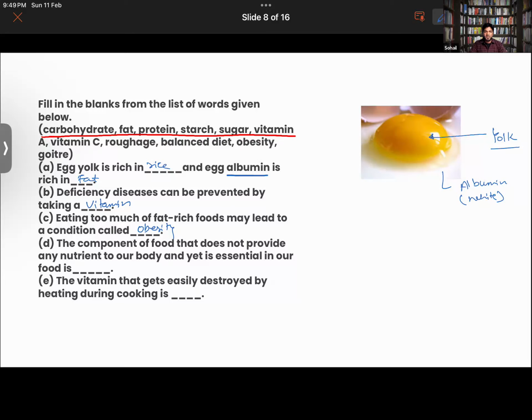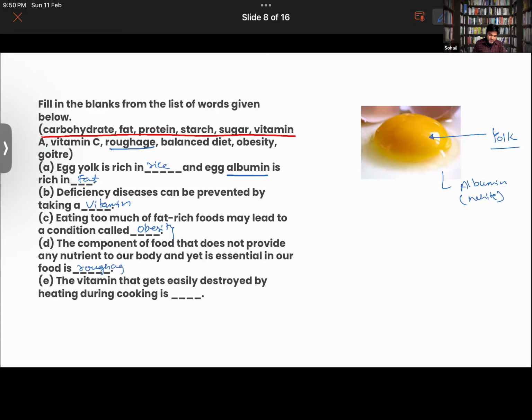I can give you a hint. It is also called dietary fiber. The answer for this one is also called dietary fiber. Sir, starch. No, no. It is actually roughage. Okay, now. It is actually roughage.